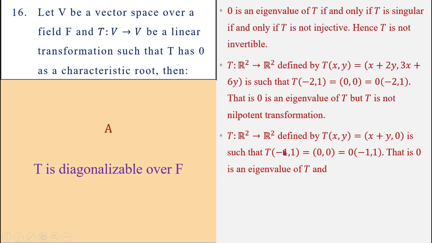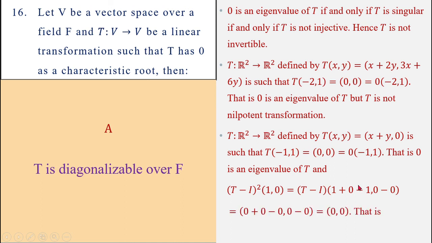That means 0 times (-1, 1). We show that 0 is an eigenvalue of T. And (T minus I) squared of (1, 0) is equal to (T minus I) operating on (1 plus 0 minus 1, 0 minus 0) equal to (0, 0). Okay, that is, 1 is a characteristic root with multiplicity 2.